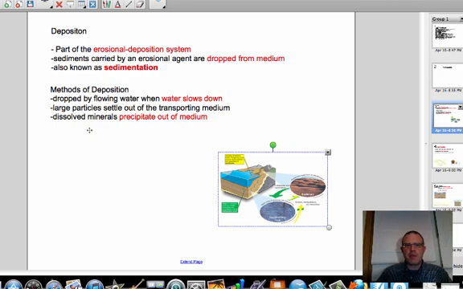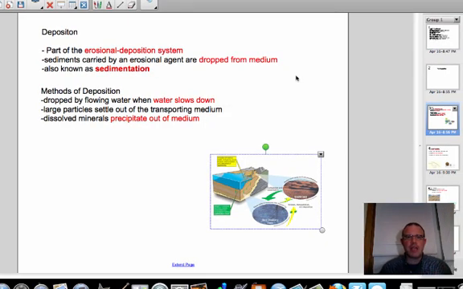So what are the methods for depositing? Well, one, they can be dropped by flowing water. So when the water slows down, the sediments will eventually fall out. Think of a stream or a river running into a larger body of water like a lake. So when that lake has that river running into it, the water is slowing down from the river.